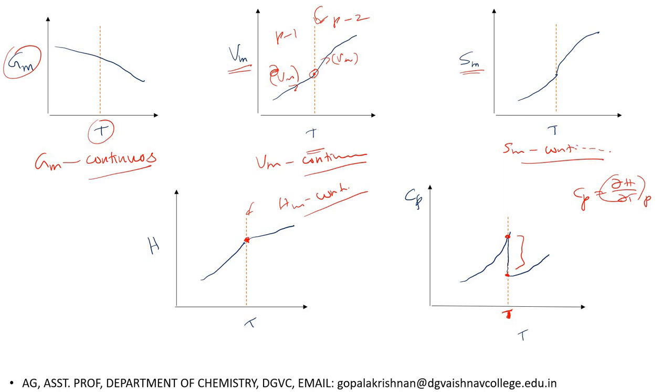If the curve doesn't go to infinity, but at the equilibrium temperature there is a discontinuity in the Cp values, then that graph shows that it is a second order phase transition. So this is how we should classify the first order and second order phase transitions. This is the idea proposed by Ehrenfest.